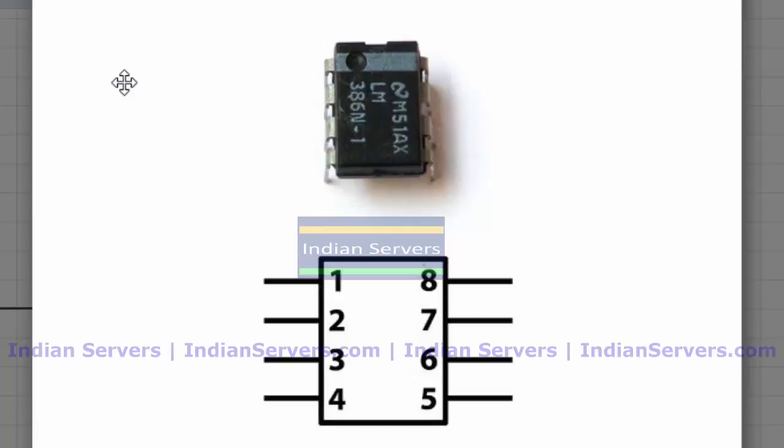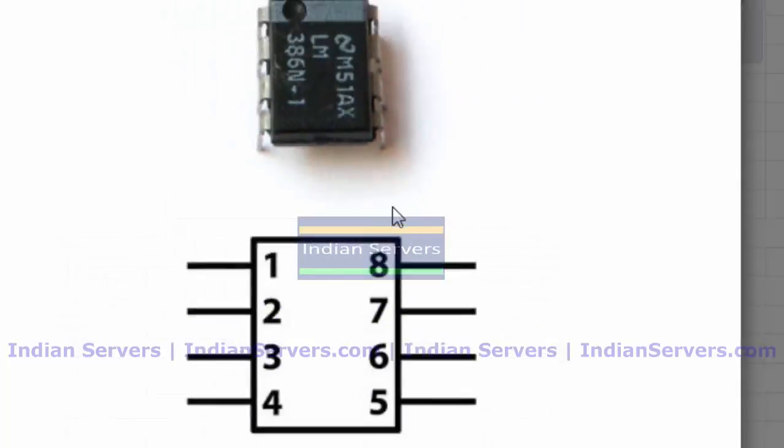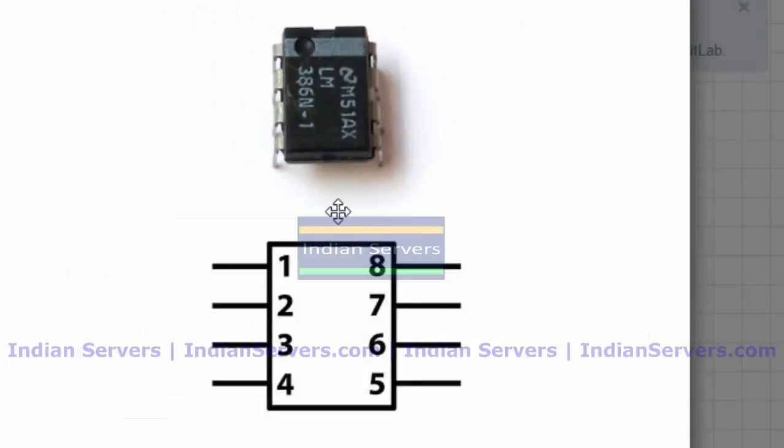ICs mainly contain thousands of transistors connected. The size of the circuit can be reduced by using integrated circuits. If you directly use 1000 transistors, the circuit becomes complex. To avoid these kinds of things, we use ICs.